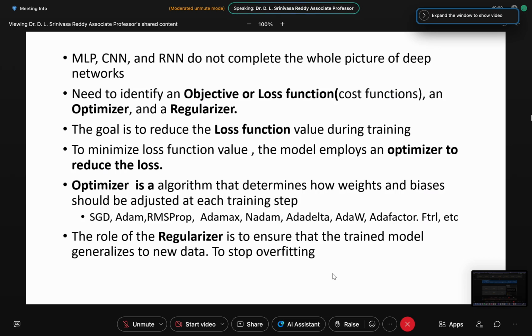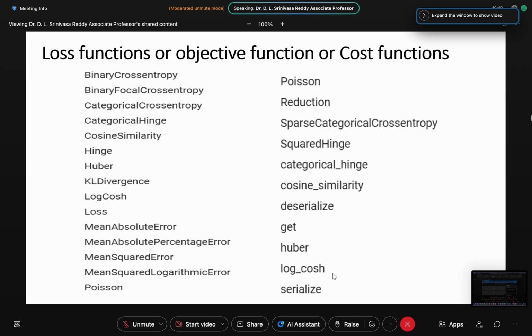The role of the regularizer is to ensure that the trained model generalizes to new data, to stop overfitting. Yesterday we used it at 30%, 5%, where you drop some from the training process. Suppose there are 100 records, you can delete some of them.